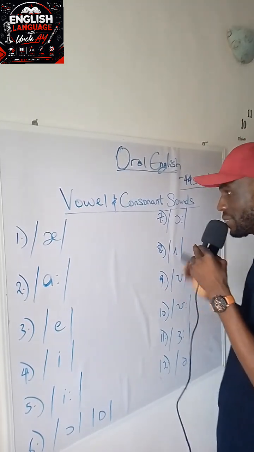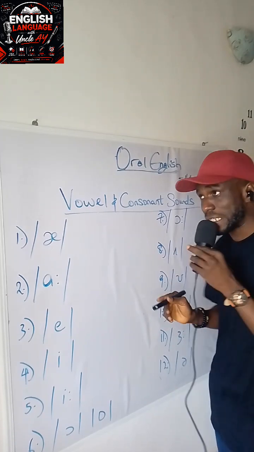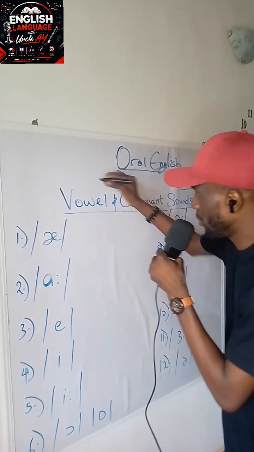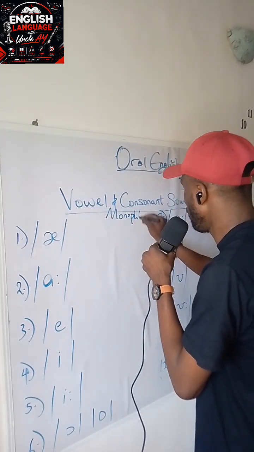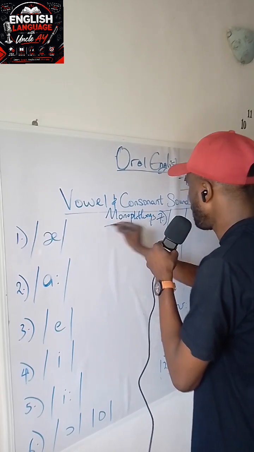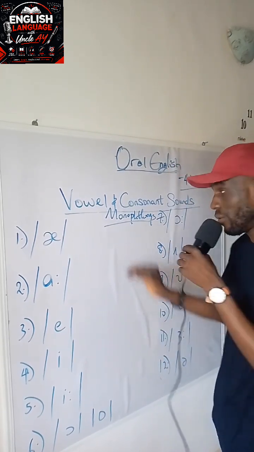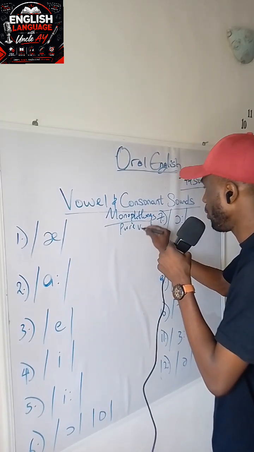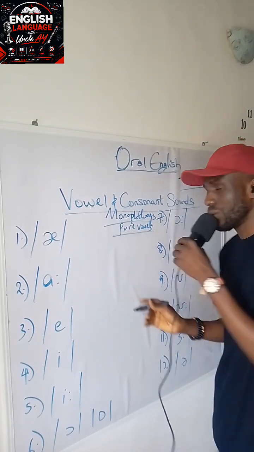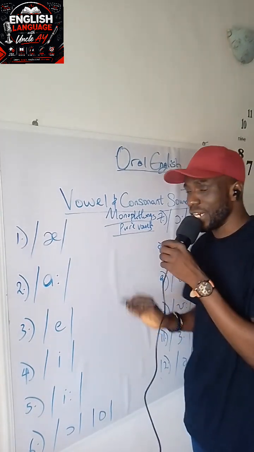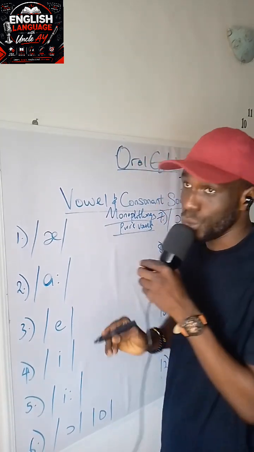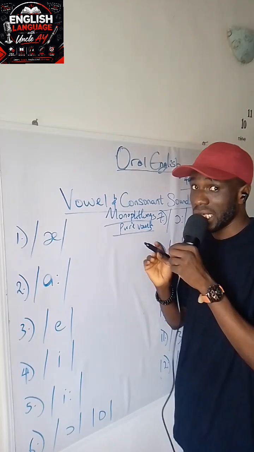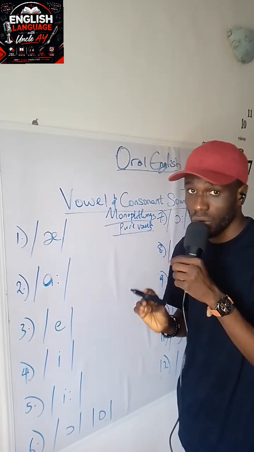Before I go further, it is imperative that I tell us about the monophthongs, so let me just put it here because that's what we're doing. Monophthongs, right? I said in the previous video that they are also called what? Pure vowels as well. So the monophthongs are divided into long and short, right? And how do you identify a short or a long monophthong?